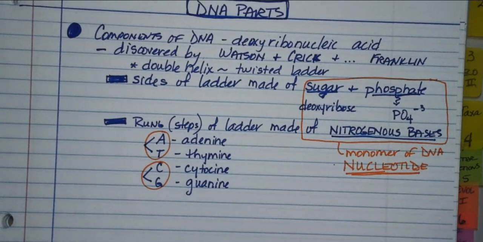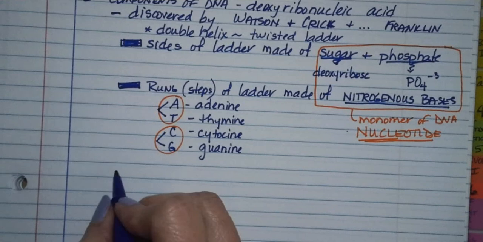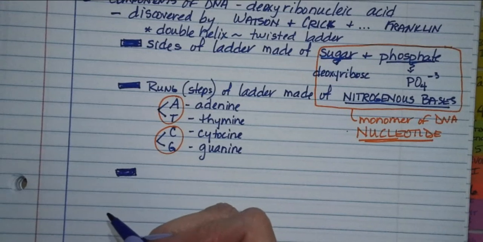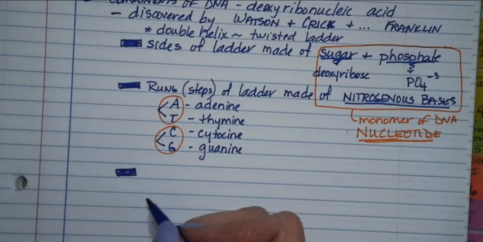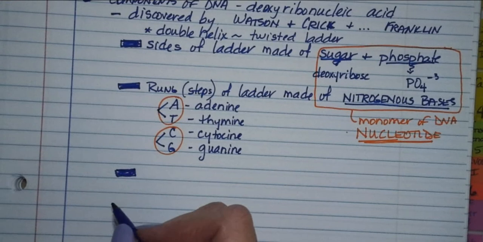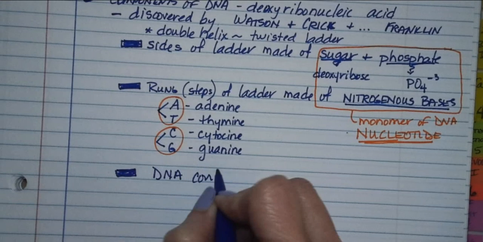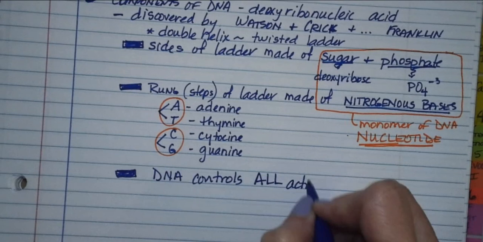All right, the next thing in here is that you need to understand that the only reason the DNA is important is because it has all the instructions for making the proteins that control your body. Remember we talked about proteins? Basically all your body's made of proteins, all the enzymes, many of the hormones are made of proteins and fats together, so proteins everywhere, right? So the DNA controls all the activities, because, and only because, it has the instructions for making the proteins.